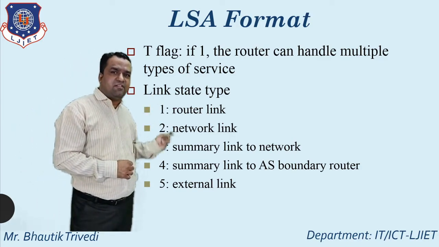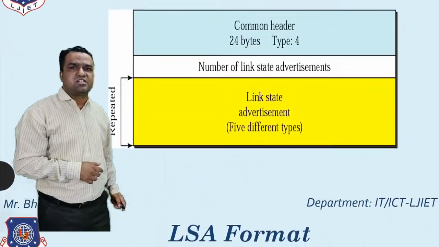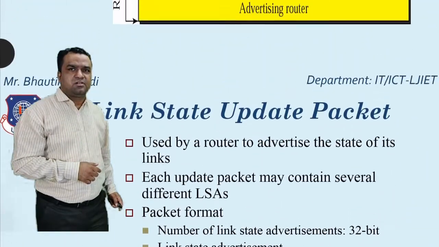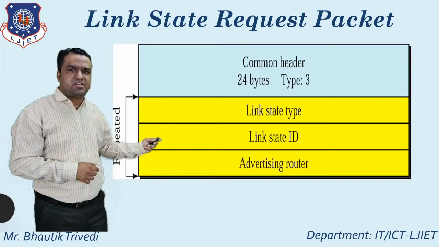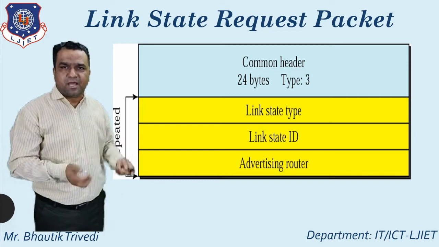So each and every link state type supports a different ID. You just see link state type, link state ID, and advertising router. So that is the concept of the link state request packet format.